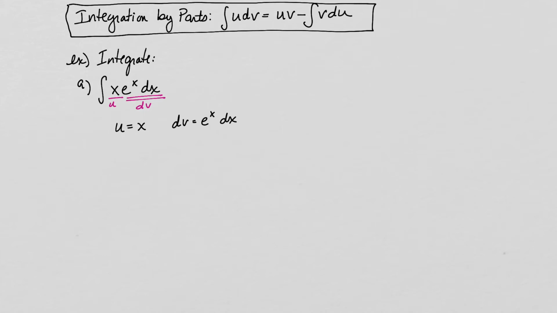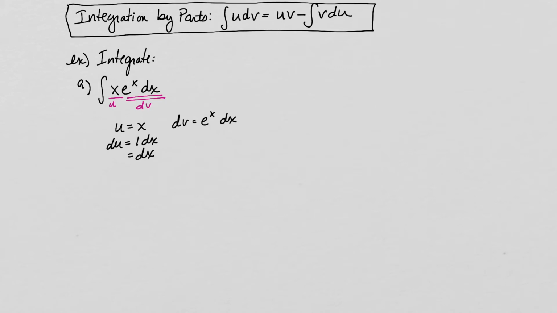Okay, so I want to plug into this formula. To do that, I'm going to need to figure out what v is and what du is. If I have u equals x, to find du I take the derivative, just like we did in U-substitution. The derivative of x is 1, so this is 1 dx, or we can just write that as dx.